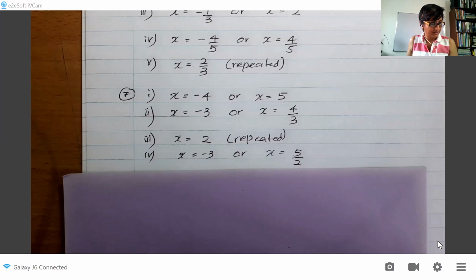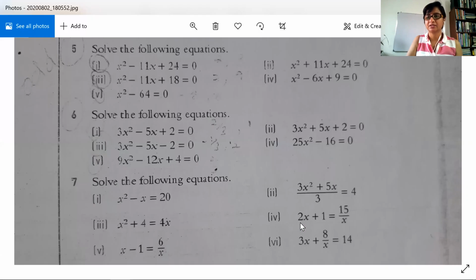Part 4. Now, let me just quickly take you to the part 4 question, because I want to bring something to your notice. Part 4: 2x plus 1 equals 15 over x. At a glance, you might not identify it as a quadratic equation because it doesn't have an x squared term.